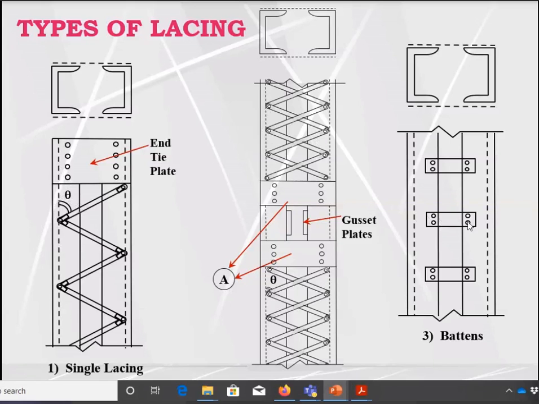The angle of these steel plates connecting both sections is 90 degrees with reference to the longitudinal axis. So if steel plates are used in the transversal direction, they are referred to as battens.